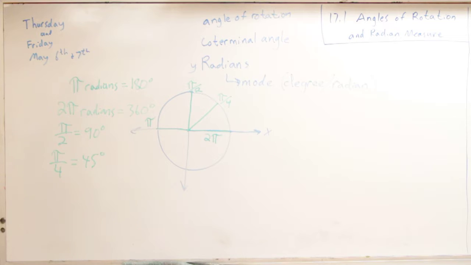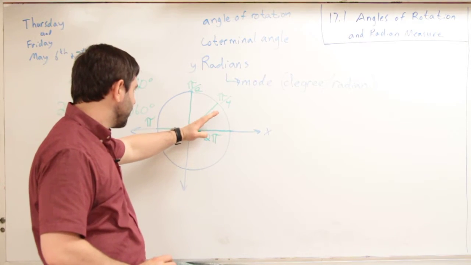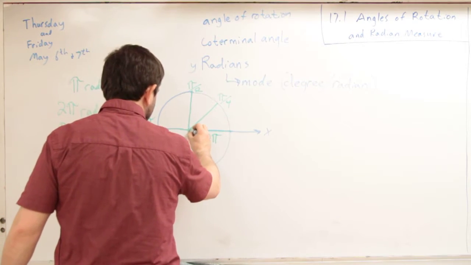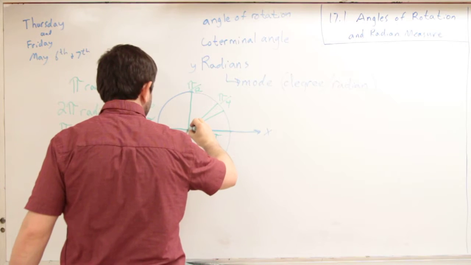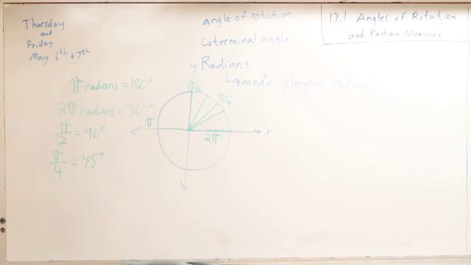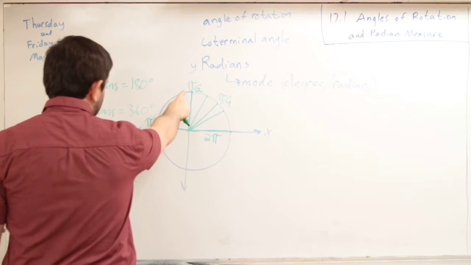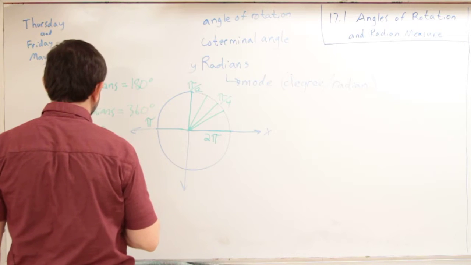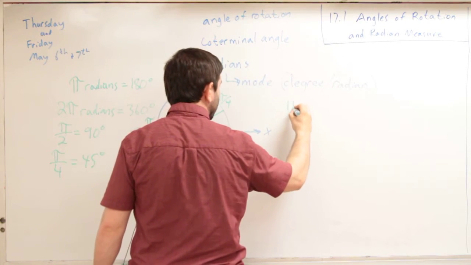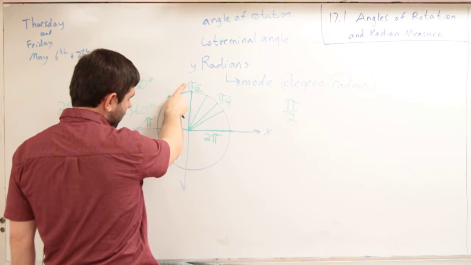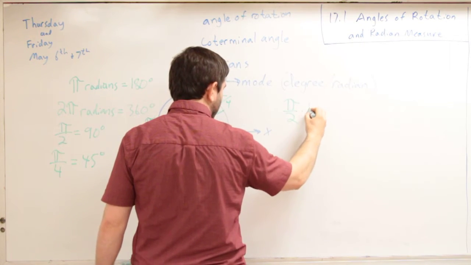We also break it down. So this would be like 0 degrees, 45 degrees, 90 degrees. We also break it down into 30 degrees and 60 degrees. So I just take pi halves and divide it by 3. And that'll help us find these values. So pi halves, that's 90 degrees, divided by 3. That's the same as multiplying by 1/3.